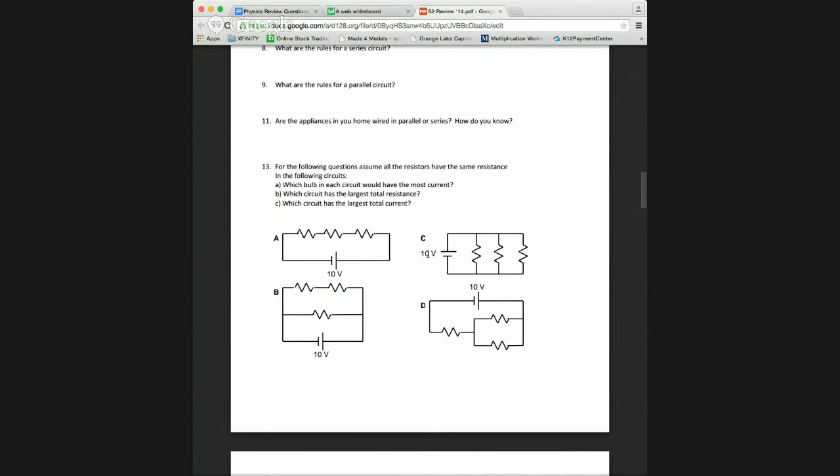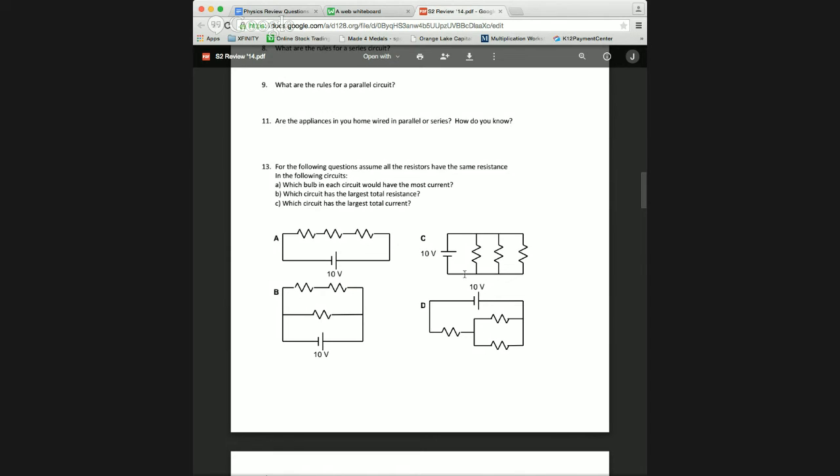So which resistor in each circuit would have the most current?